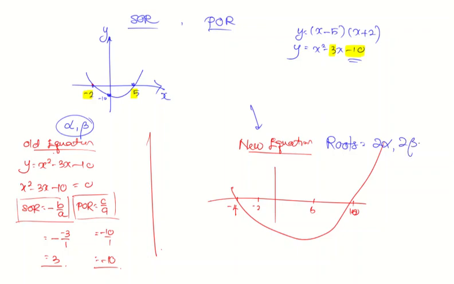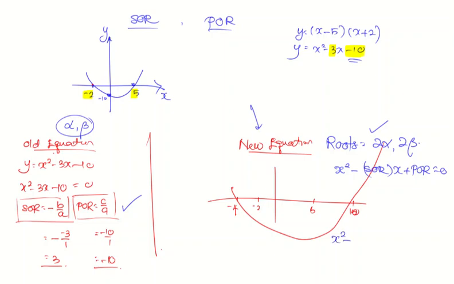So the new formula is x squared minus sum of root x plus product of root equals to 0. So how many formulas do you have? Only 1 and 2. Original formula, new formula.